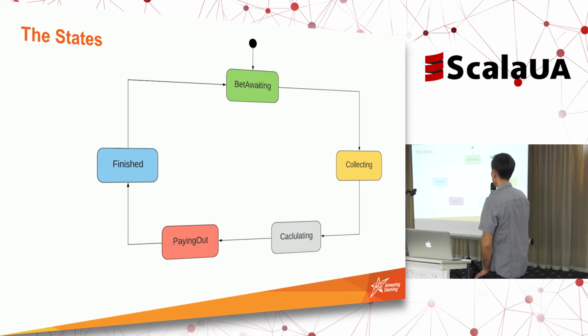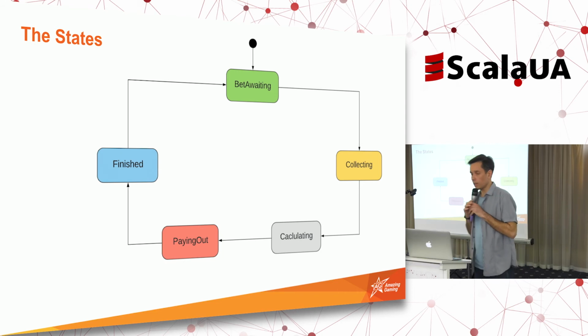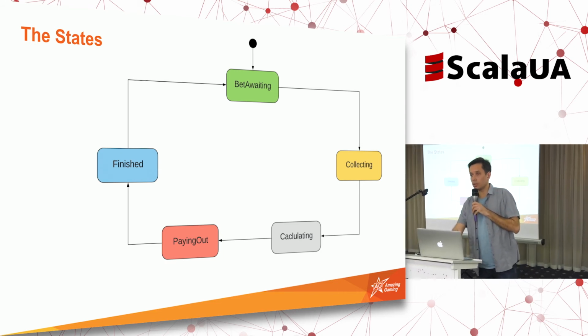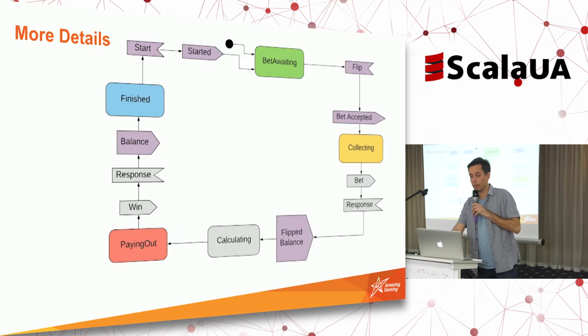We start with waiting for a bet, then the action of a player to start the game switches to collecting, where we're expecting confirmation from the wallet, which will allow us to proceed further. Then we do calculating of the results and proceed to paying out. Again, after confirmation, we end up in a finish state. And here we're waiting for the player's click on the clickable zone to continue. And then the game starts over.